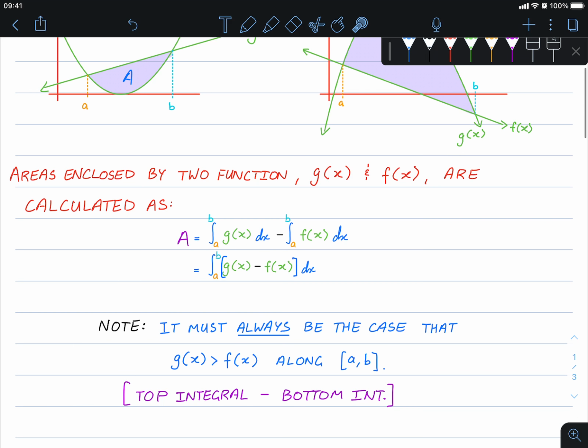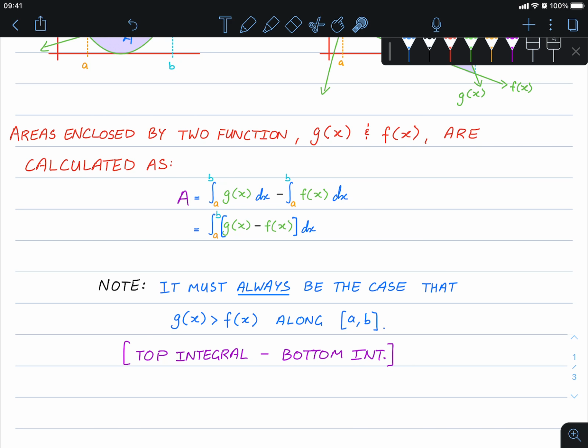Please take note that in this particular example, it must always be the case that g of x is greater than f of x along the interval a to b, meaning it's the top function or the top integral minus the bottom integral.